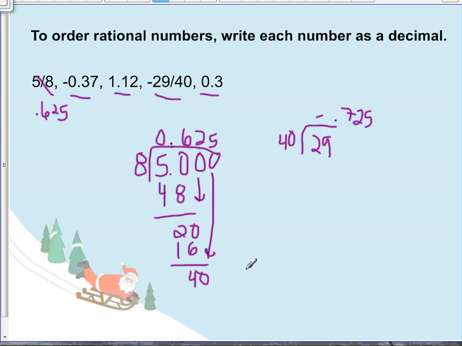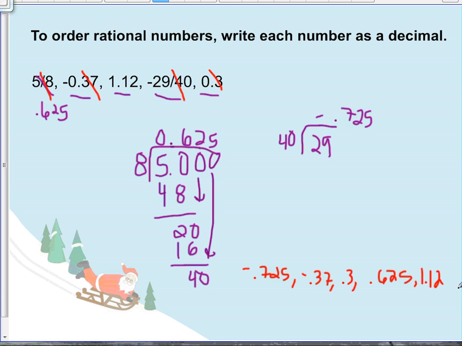We'll do negative 0.725, then we can say negative 0.37, then we can say 0.3, 0.625, and last but not least, 1.12.